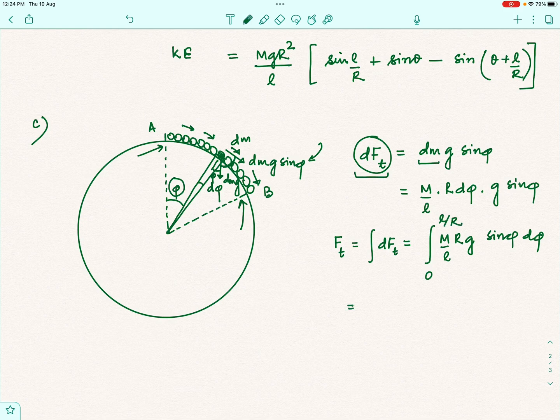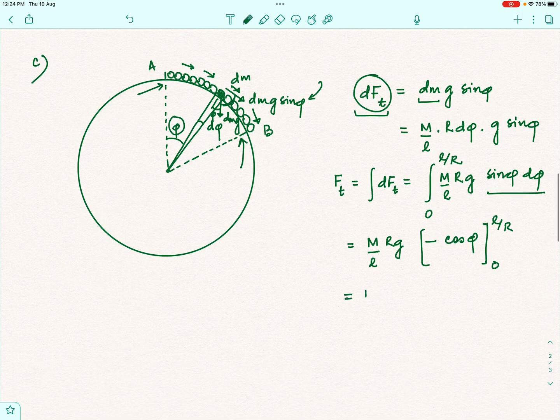Integrate this by first taking the constants out, m by L into r g comes out, and the integral of sine phi d phi will be minus of cos phi from 0 to L by R. This is the limits. Now, when we put the limits, m r g by L, minus of cos L by R minus of minus cos 0.